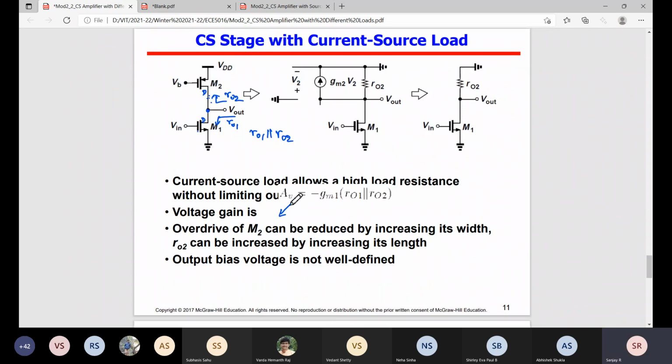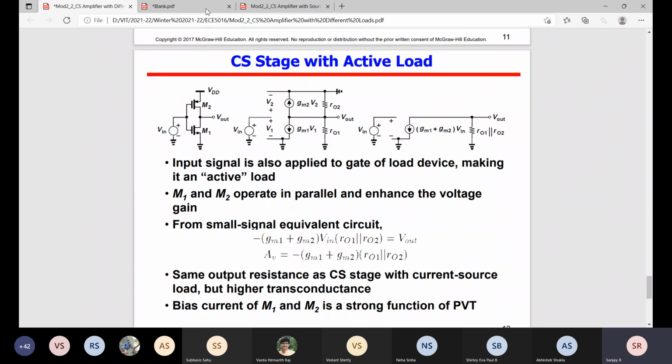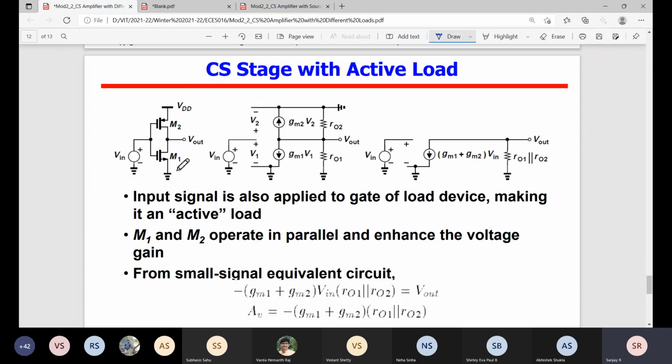Okay, so now come to our CMOS inverter. You can see NMOS, PMOS. In both transistors the signal is applied. So GM1, GM2. What is the total transconductance now?